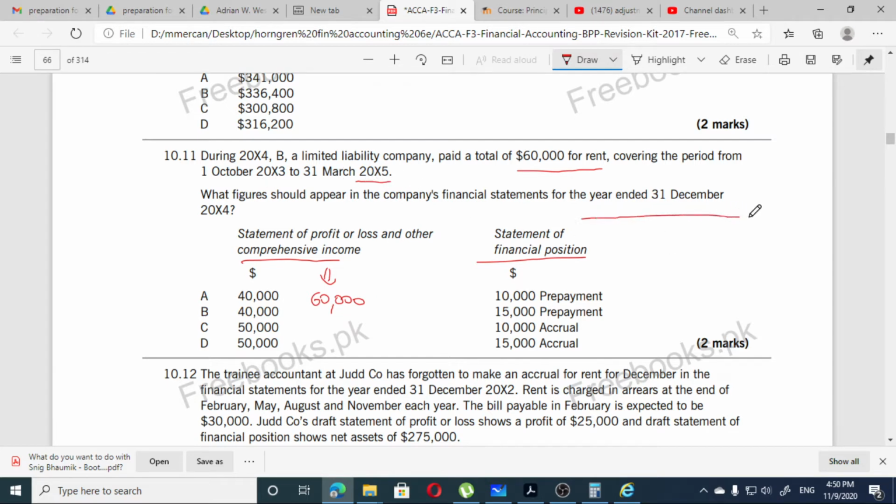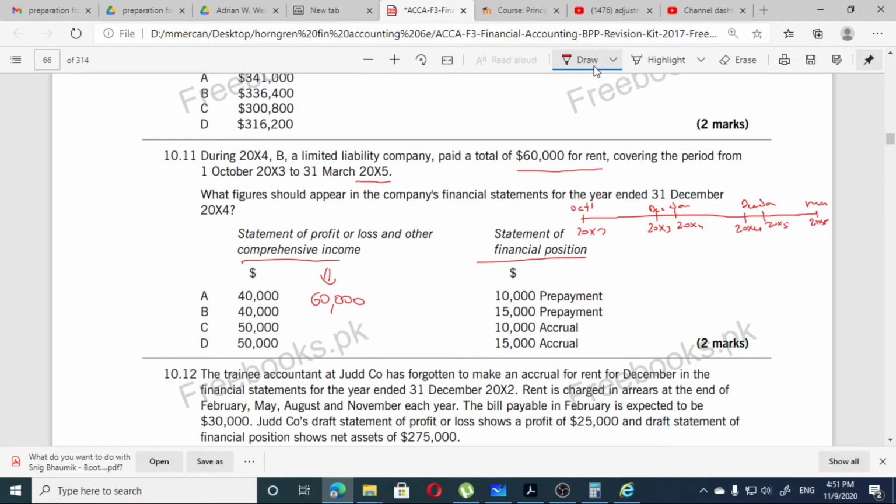If you do a timeline, from October 1, 2003 till December, then 2004 from January till December, then January 2005 till March.